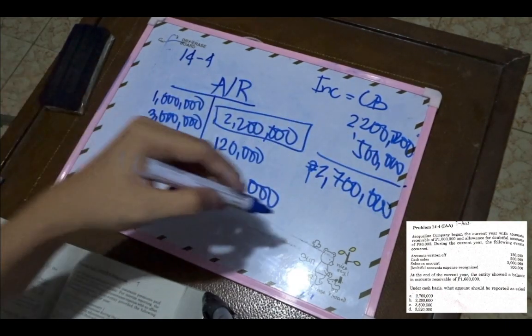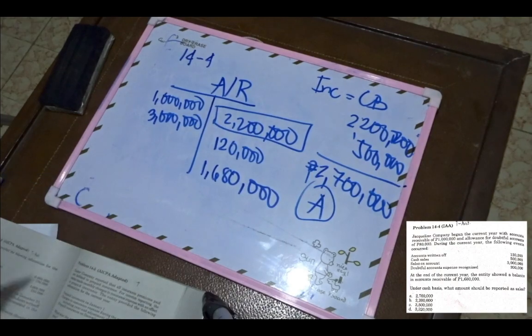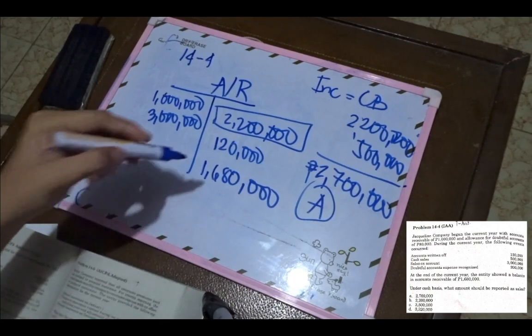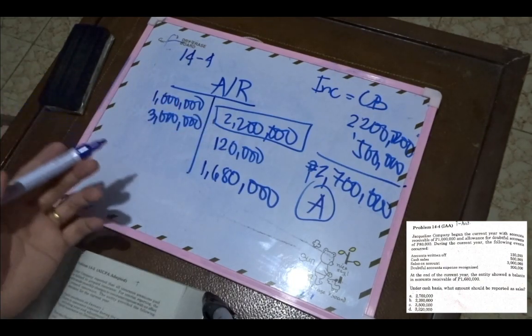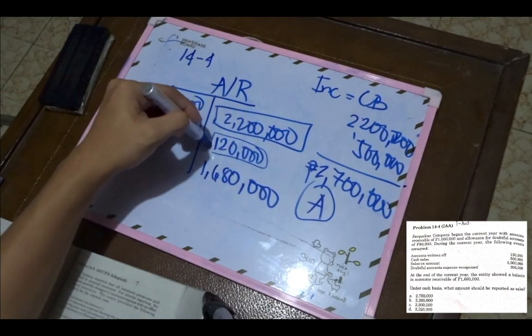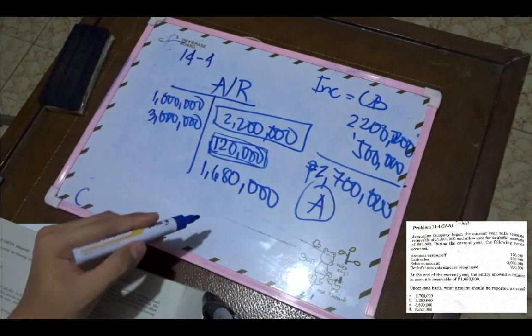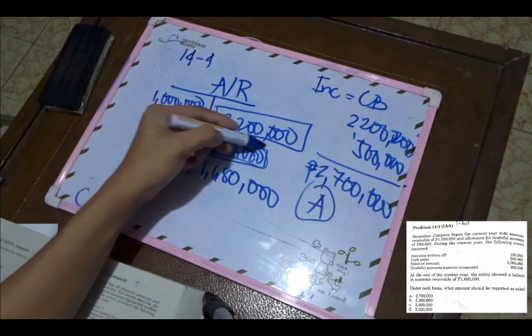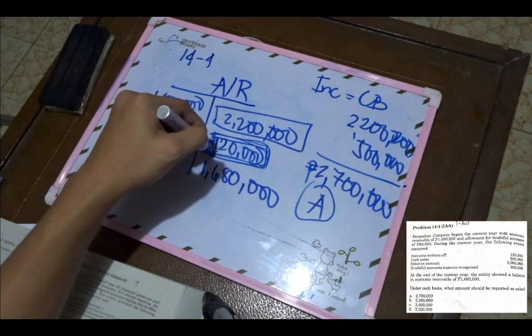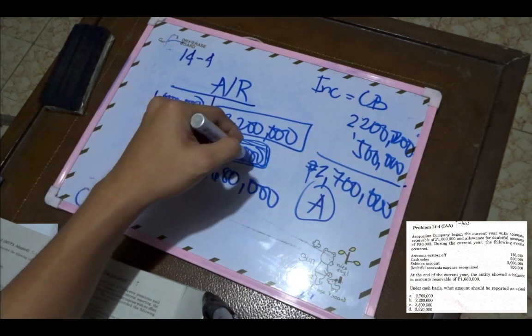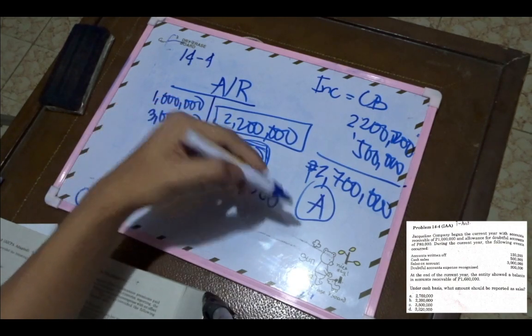That's letter A. So if you'll notice, you have there given the beginning balance for allowance for doubtful accounts. Now, normally you will not need the T account for allowance for doubtful accounts because you already have the information regarding accounts written off. However, if this is not given, you will be able to determine this using the T account for ADA, or allowance for doubtful accounts.